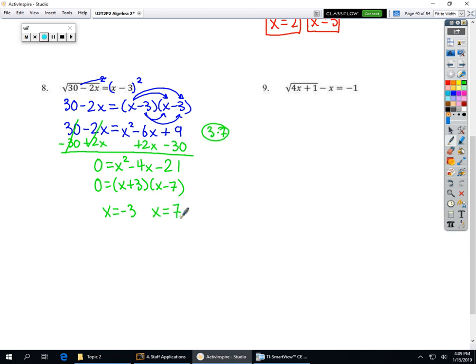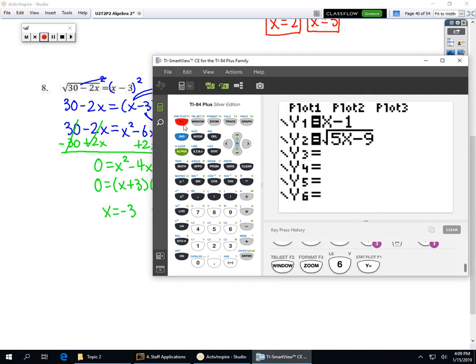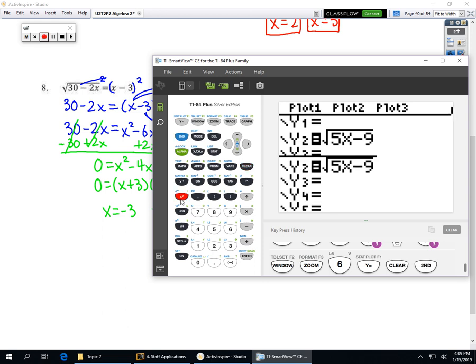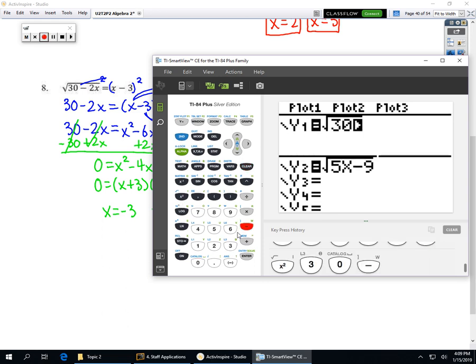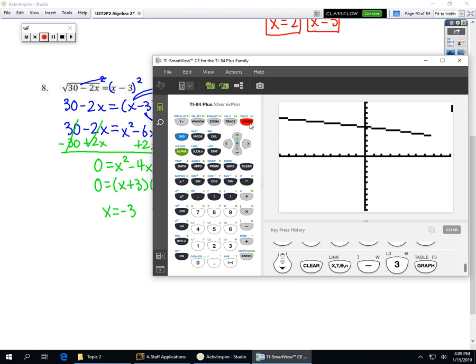So we're going to check which ones are extraneous. With the first one, square root of 30 minus 2x, and the next one is just x minus 3. Graph and see where they cross. Do they cross at negative 3 and 7?